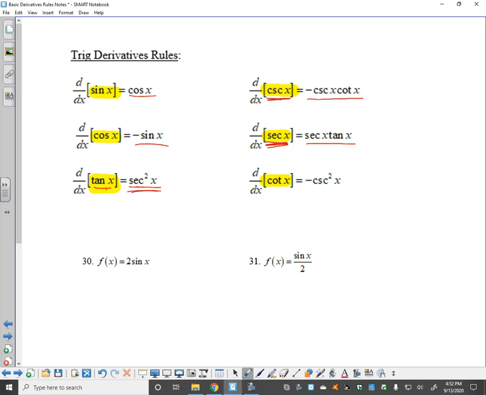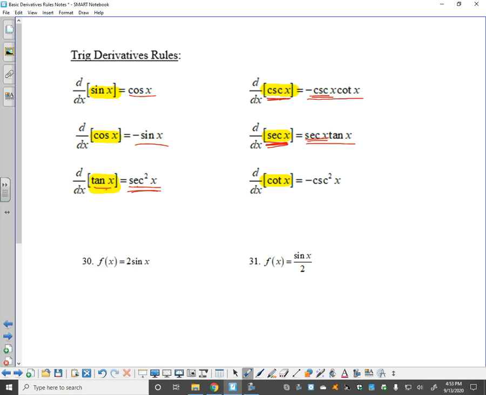Sine, cosine, tangent, tons of love. Cotangent, he gets love from tangent. Secant and cosecant are kind of the low men on the totem pole. So they are so frustrated with that they put themselves in their derivatives. That's how I remember it.